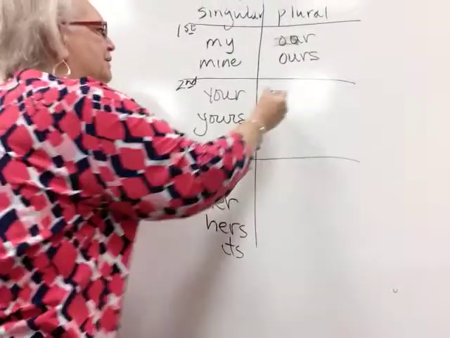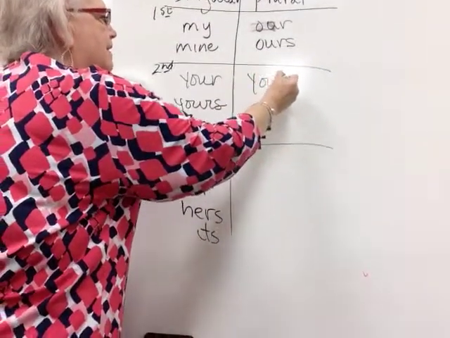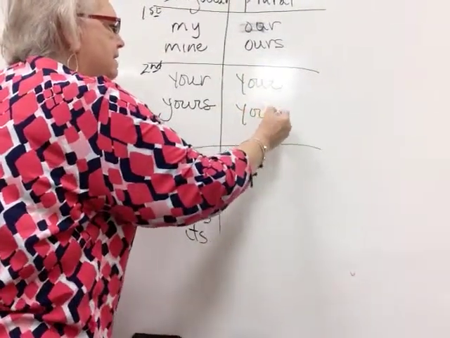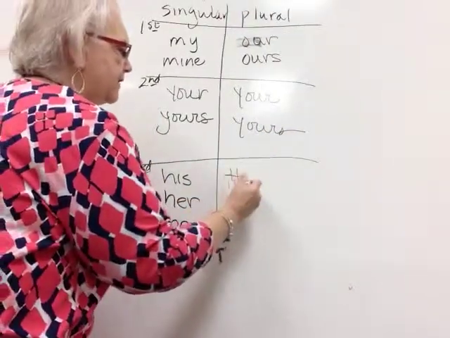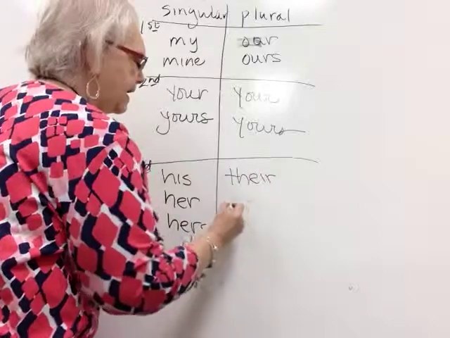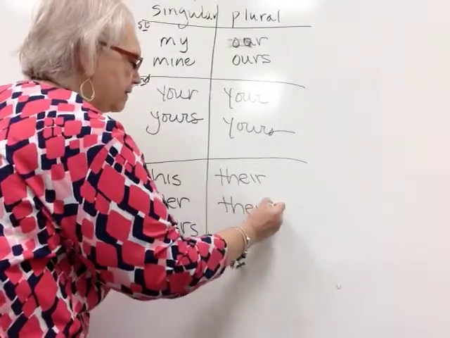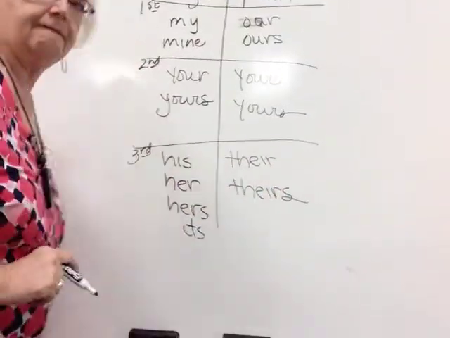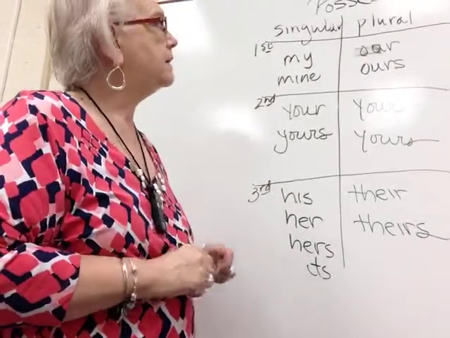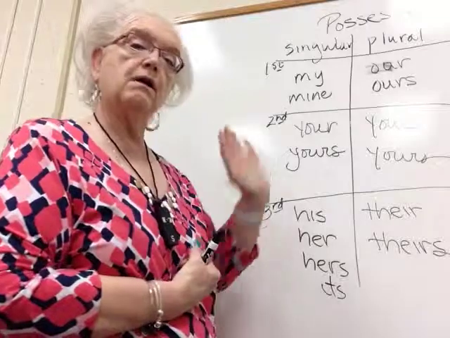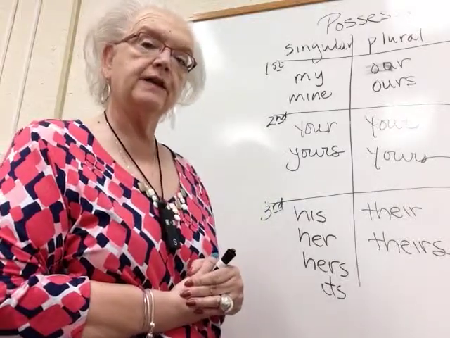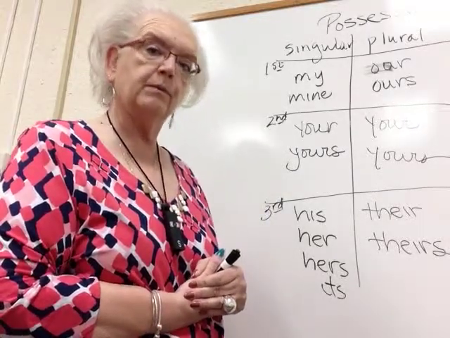Second person plural is your and yours. And third person plural is their and theirs. Okay? So those are our possessive case pronouns. Notice there are no apostrophes in this case of the personal pronoun.